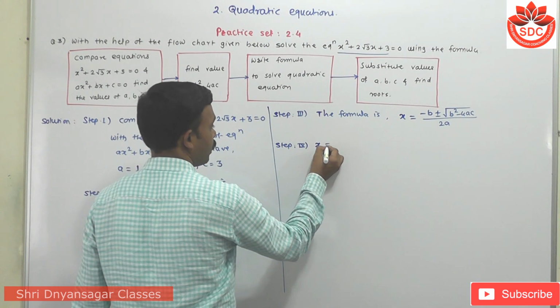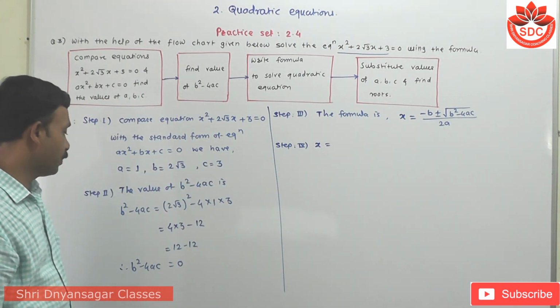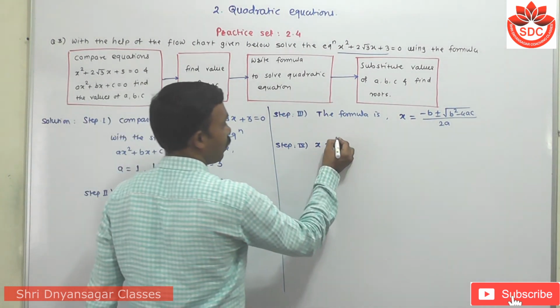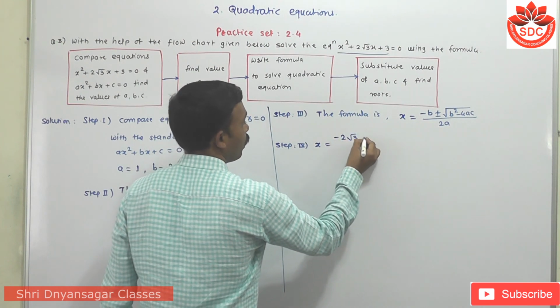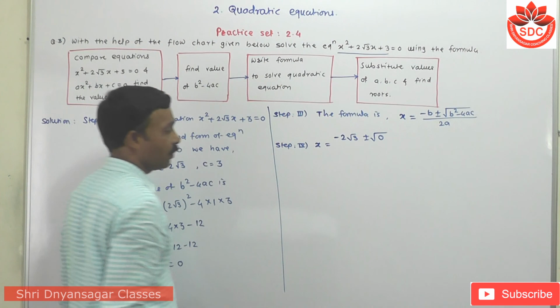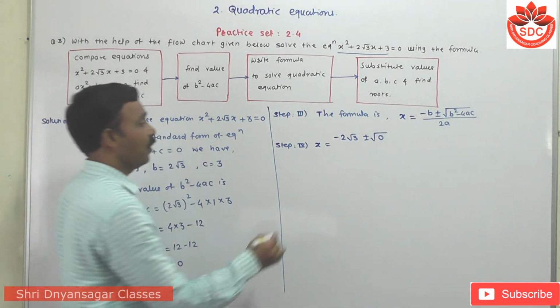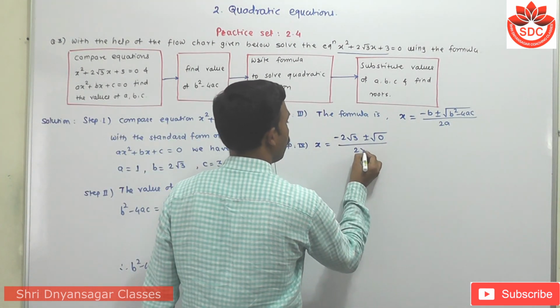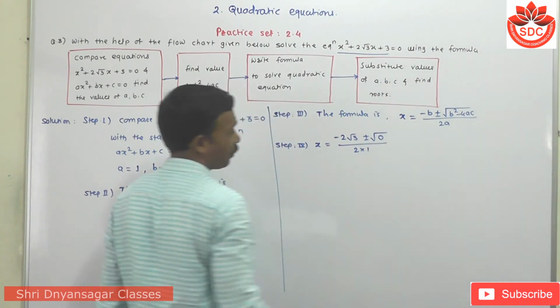So x is equal to minus b. B is this value, meaning minus 2 root 3 plus minus under root of b square minus 4ac, which becomes 0, upon how much? Twice into a is 1.